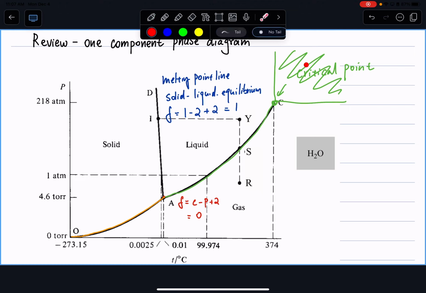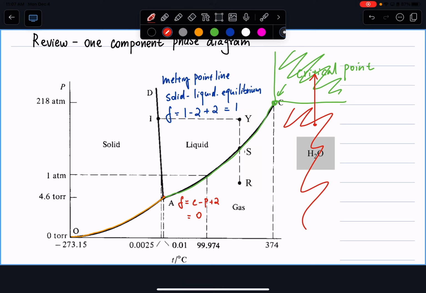So what's the physical meaning of that beyond-critical-point area? If you think about it, for example, if I start my gas point here, no matter how I increase my pressure, I'm always in this beyond-critical-point area.